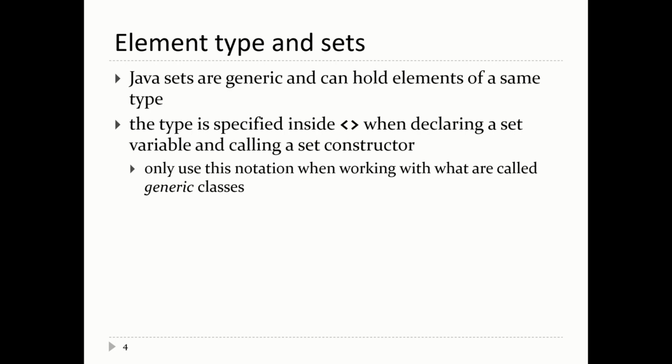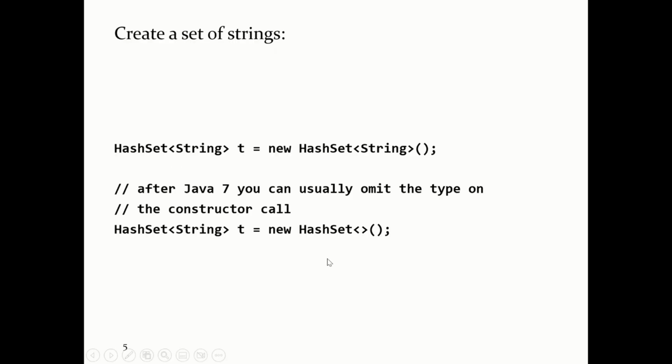Okay, so like lists, sets are generic in Java. You have to specify the type of the element, and the set can only hold elements of the same type. Just like a list, you use the angle bracket operator to specify the type of the element. So how do you make a set? You make a set in the exact same way that you make a list. You pick your set type, so I'm going to use HashSet.